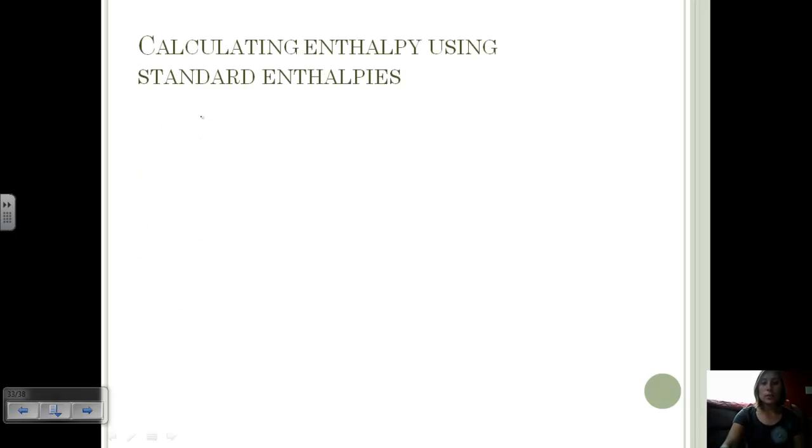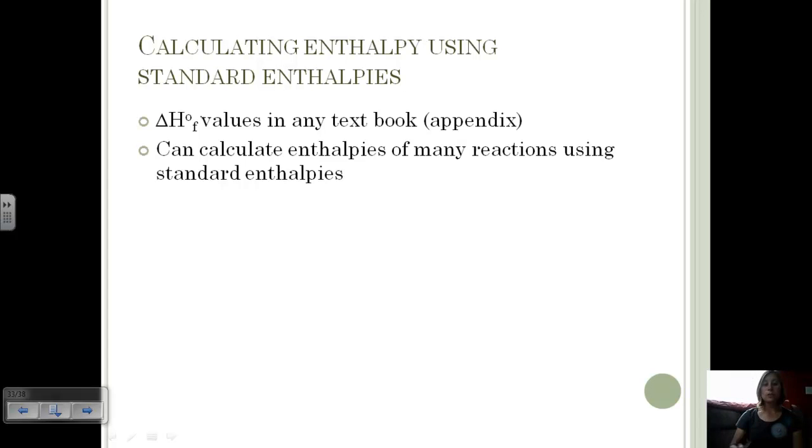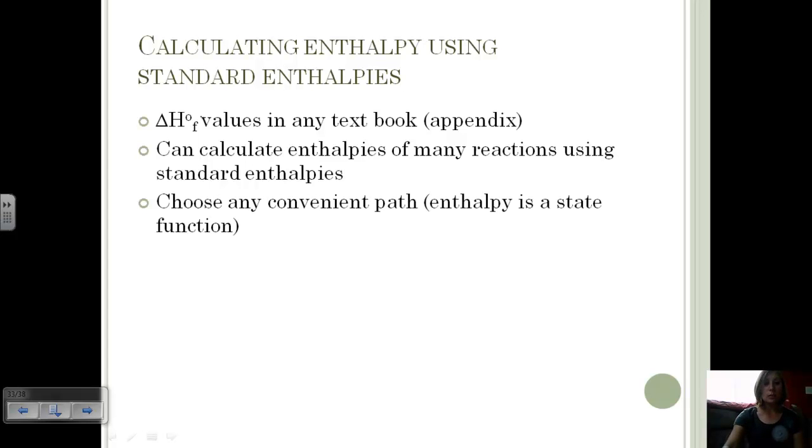Okay, so let's talk about how to calculate enthalpy using standard enthalpies. You can find your standard state enthalpies in any textbook. Usually they're in the appendix or in the back somewhere, and there'll be a big chart. Okay, and we can calculate enthalpies of many reactions using these standard enthalpies.